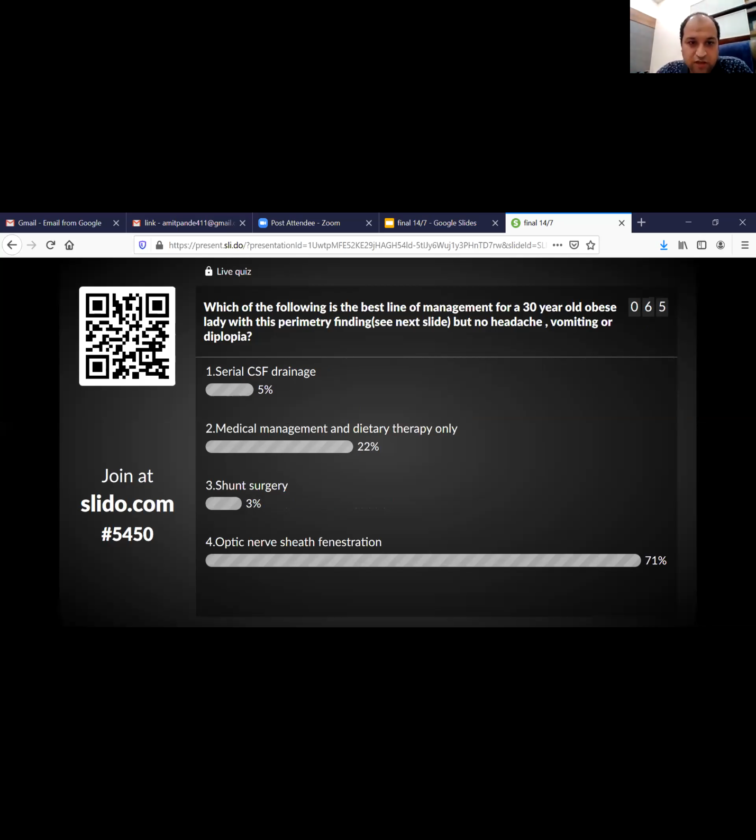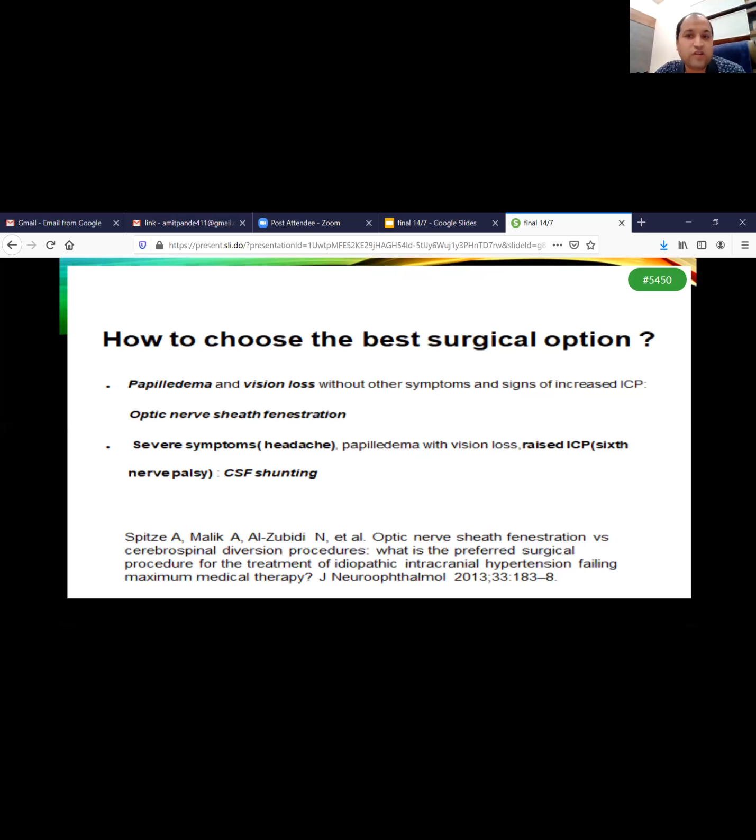Absolutely. Perfect. Optic nerve sheath fenestration. Yes, you remember this from Dr. Dhruv Batra's slide, how to choose the best surgical option. If there is papilledema and vision loss, which this female has, without other symptoms, no headache, no diplopia, no nausea, no vomiting, and there are signs of increased intracranial pressure, then choose optic nerve sheath fenestration.